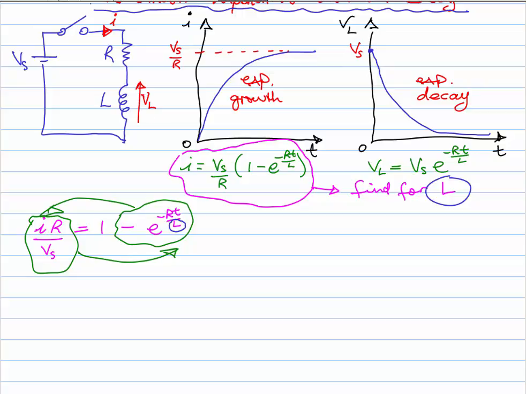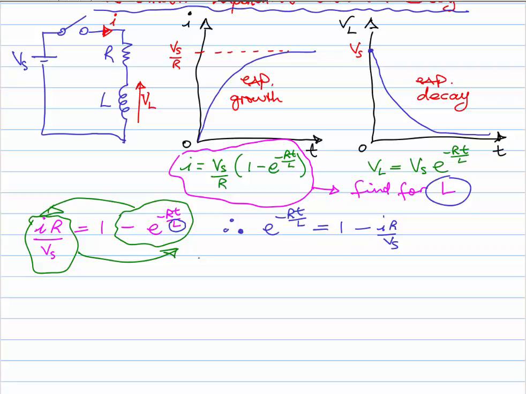So, changing colors again, we say therefore e to the minus RT over L equals 1 minus IR over Vs.